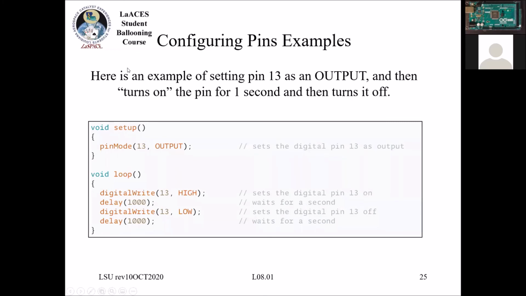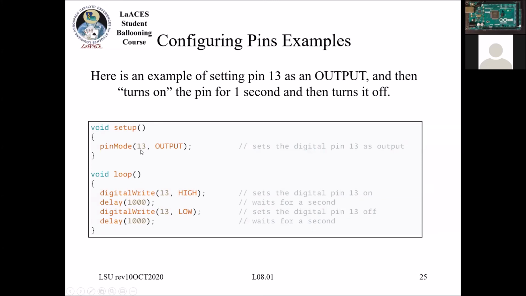So just as an example of some code here, this is going to set a particular pin, pin 13, to an output pin. It'll turn it on for a second and then turn it off. So if we go through, we have our pin mode in setup. So I'm calling the pin mode, and then within these parentheses, I need to pass the arguments.